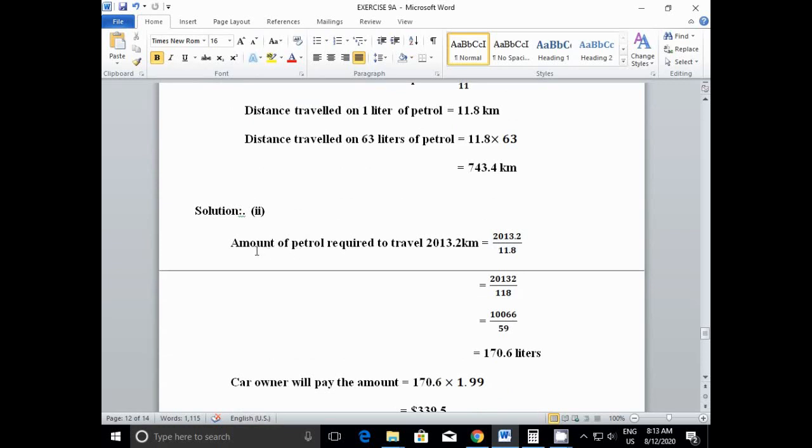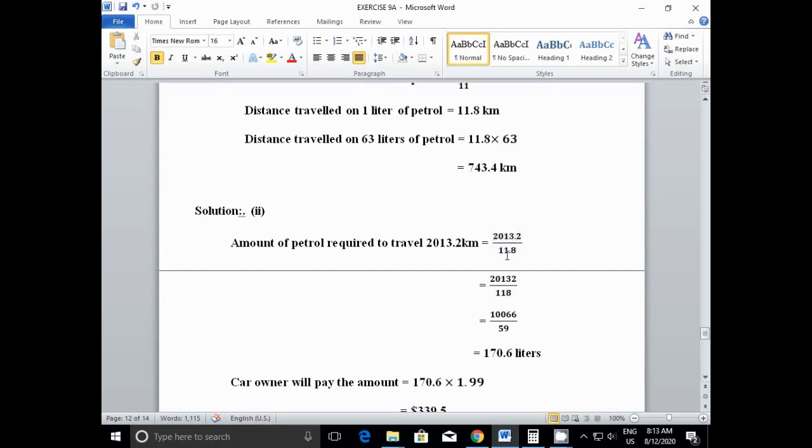Now this can be calculated if we divide this 2013.2 kilometer by 11.8. Now what is 11.8? Distance traveled on 1 liter of petrol. So amount of petrol required can be calculated if we divide this 2013.2 by 11.8.